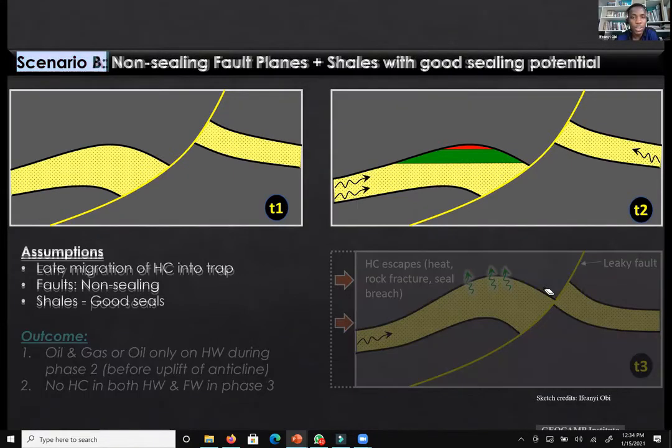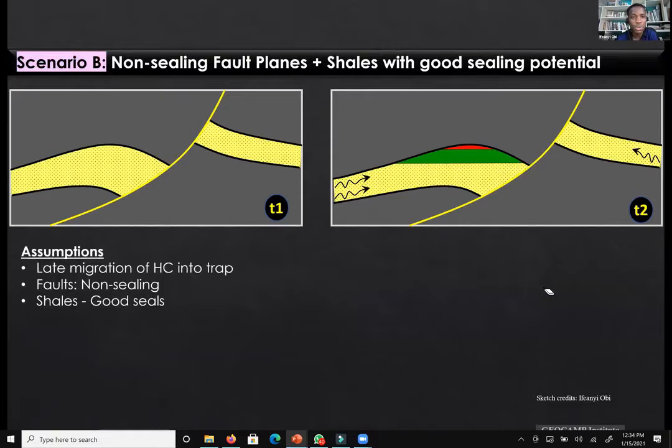So let's look at scenario B that has non-sealing fault planes, but shales with good sealing potential. At time T2, we have this working system. It's completely charged from all directions.